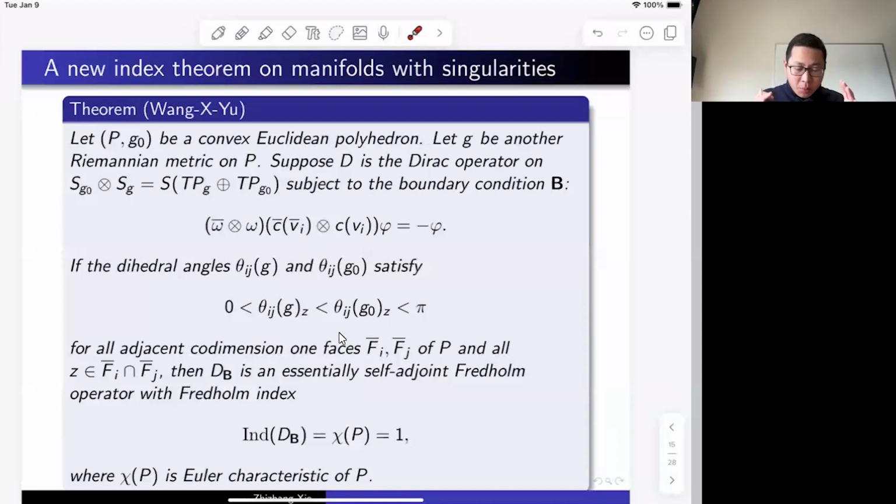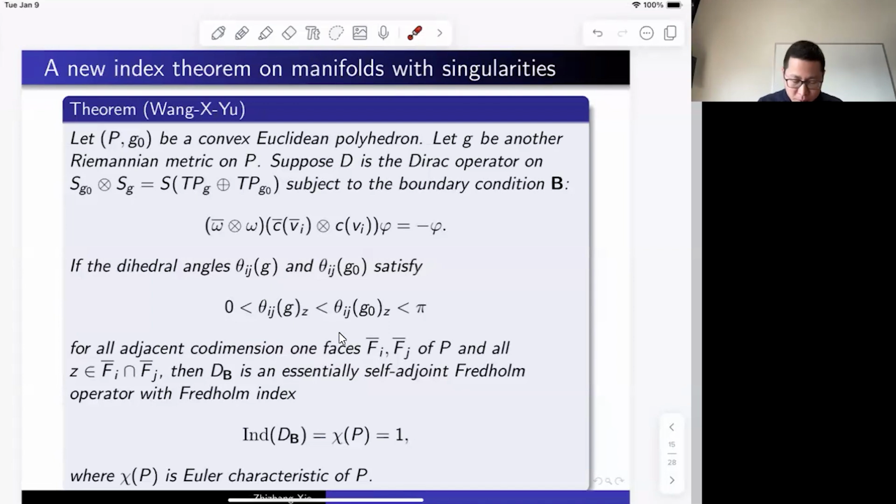We prove Gromov's dihedral rigidity conjecture by a new index theorem on manifolds with polyhedral corners. The angle enlargement problem enters as a key step of the proof of this index theorem.